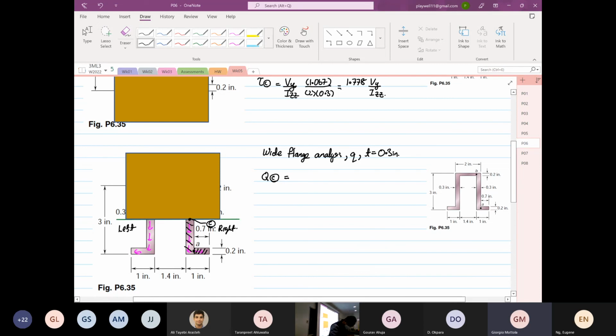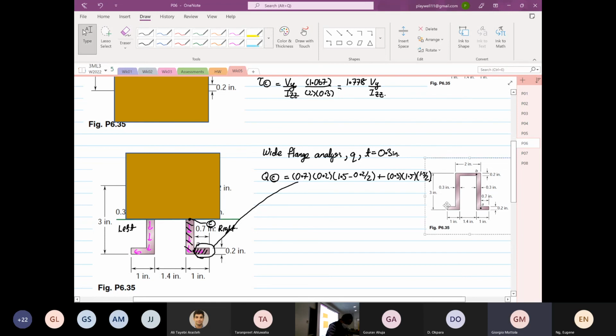The width is 0.7, the depth is 0.2, multiplied by 1.5 minus 0.2 divided by 2. That is the flange section, this section over here. And then the second one, the width is 0.3, the depth is 1.5 multiplied by 1.5 divided by 2.